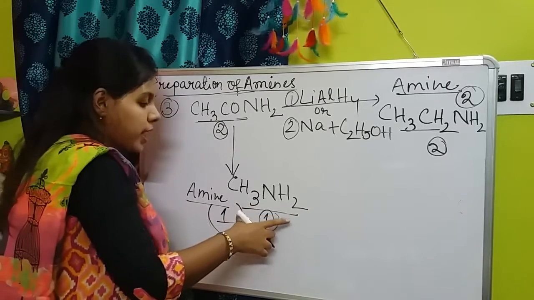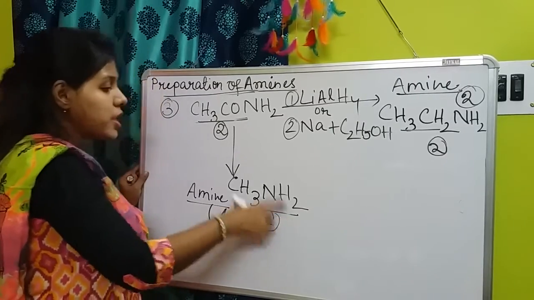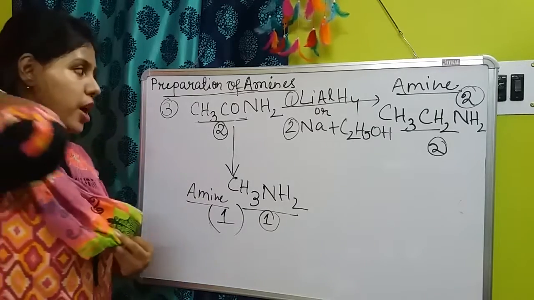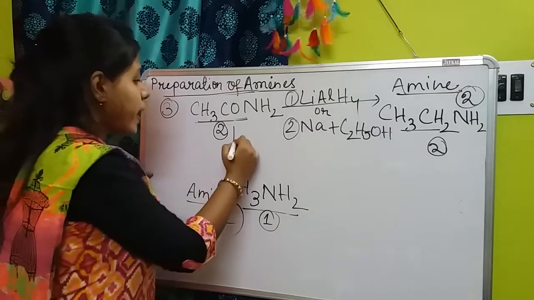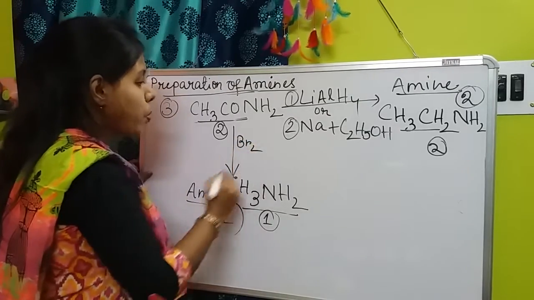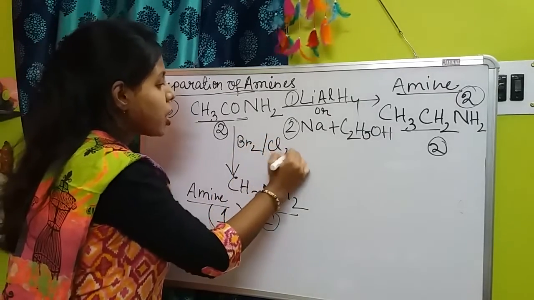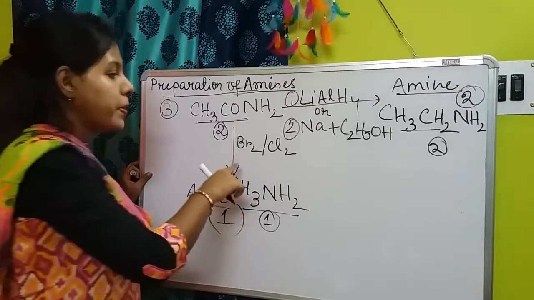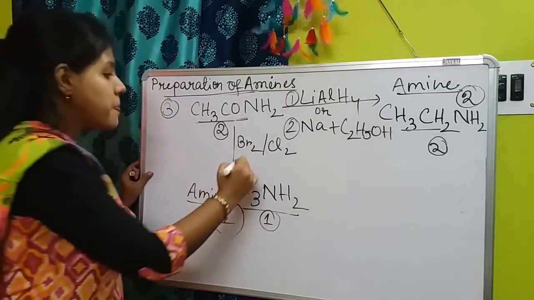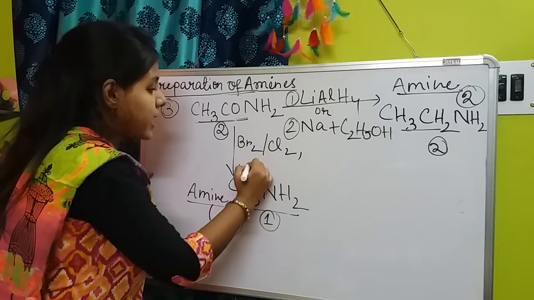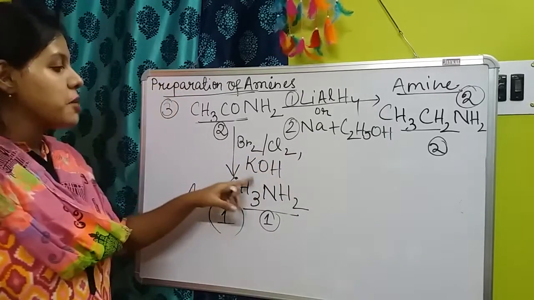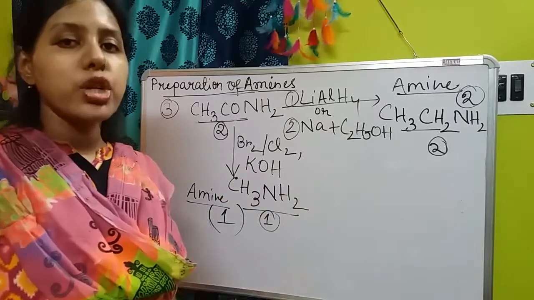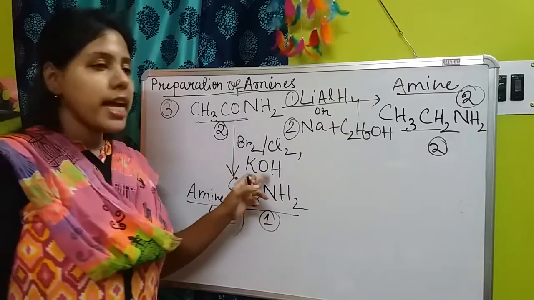How could we get this product? This product can be obtained when this amide is treated with bromine or chlorine in presence of an alkaline solution, that is a base like KOH.